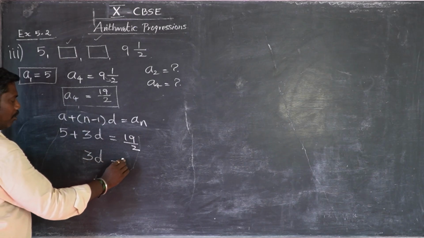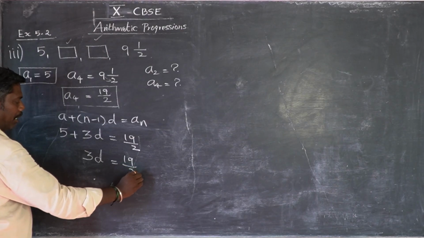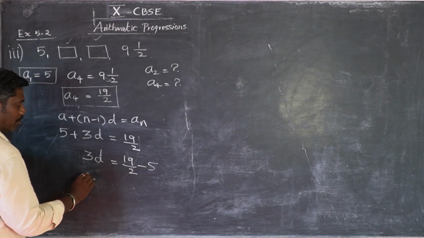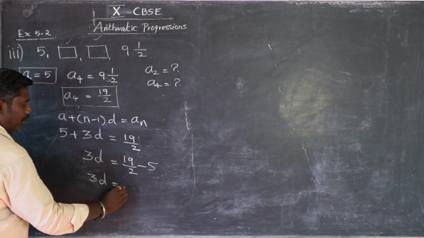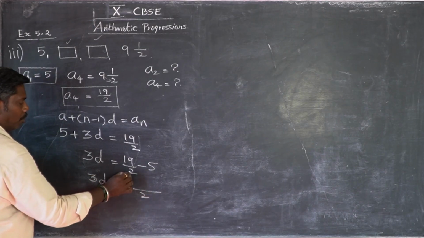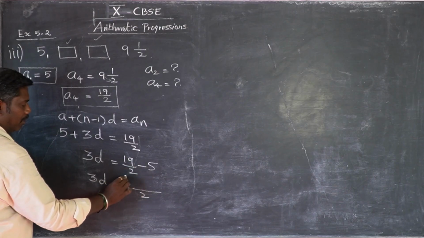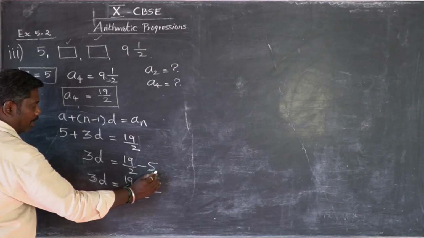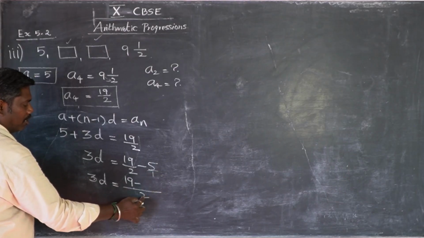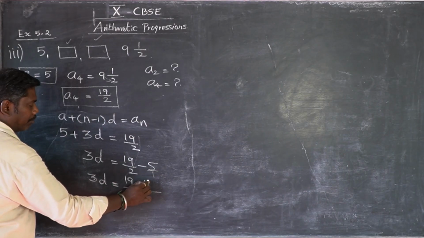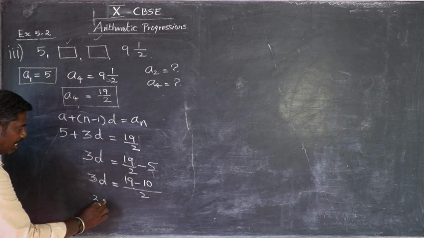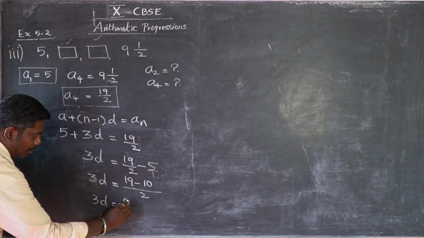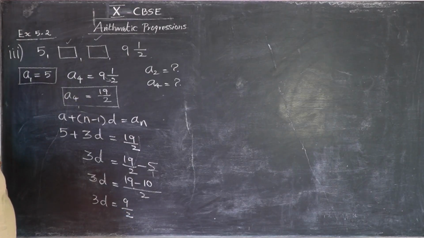So 3D is equal to 19 by 2 plus 5, changed into minus 5. So 3D is equal to, take the LCM, 2 divides to 1 time, 1 into 19, 19 minus, there is no denominator, you can take it as 1. 1 divides to 2 times, 2 5s are 10. So 3D is equal to 19 minus 10, 9 by 2.